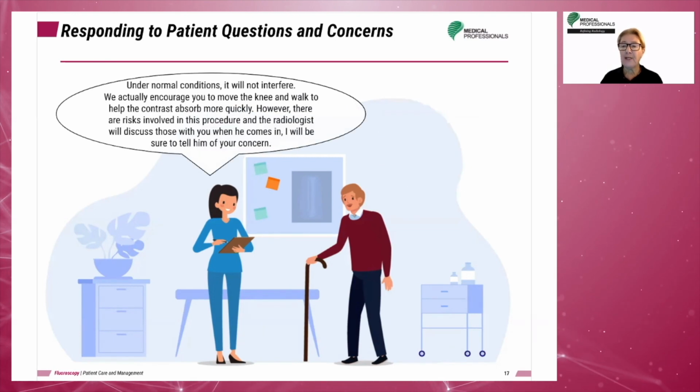Here we have 3 patients. Each has a question about the procedure they will have done. The first patient is scheduled for an arthrogram of the knee. The second patient is having a liver biopsy under fluoroscopy.